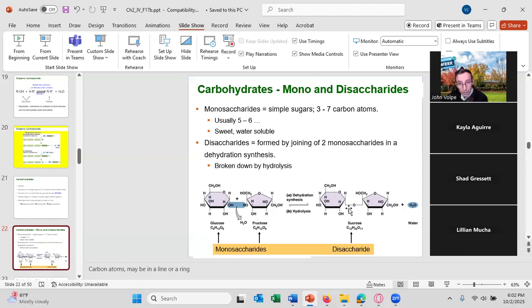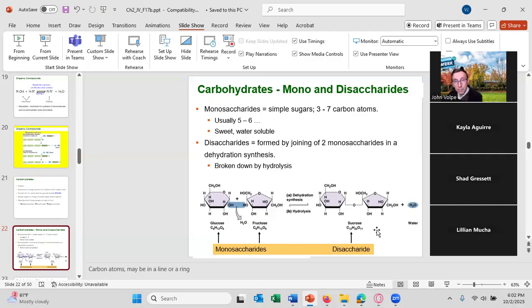So that carbon is binding to the oxygen to make a disaccharide, and this disaccharide is actually sucrose, table sugar. Water comes out because of the water coming off the monosaccharides, and that is a dehydration synthesis.